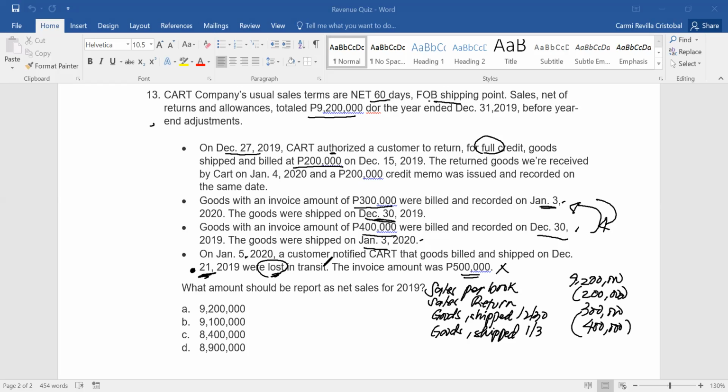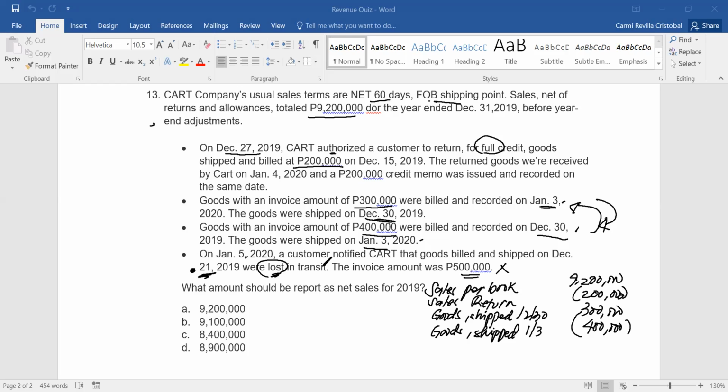Shipping point meaning pag lumabas na siya sa company premises mo, it's already considered as sold. Kumbaga sa mga department store, once broken, it's considered sold. Pinapasa na agad ng company sa buyer ang responsibility or accountability, considered na as sales yon.